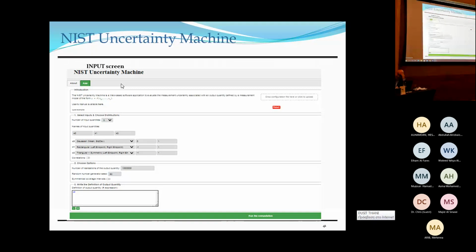And with 5 million trials, will something change? I don't think that the value will change, but I presume that the number of significant digits will change.